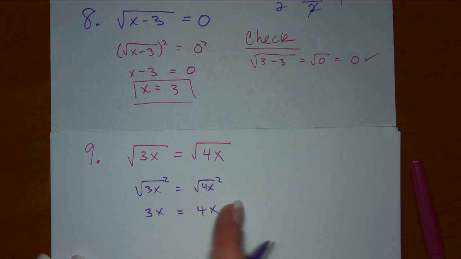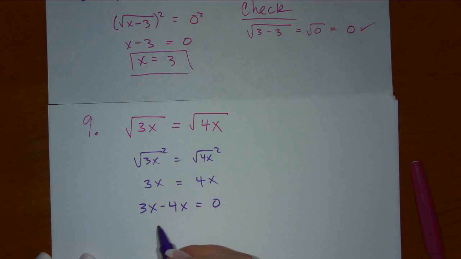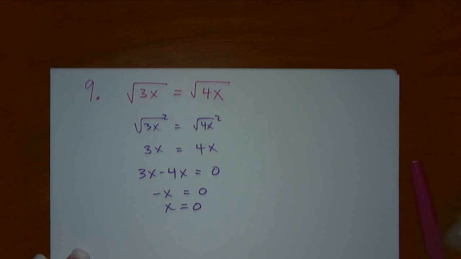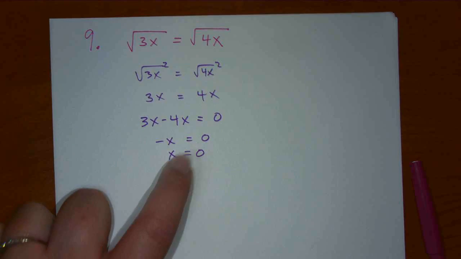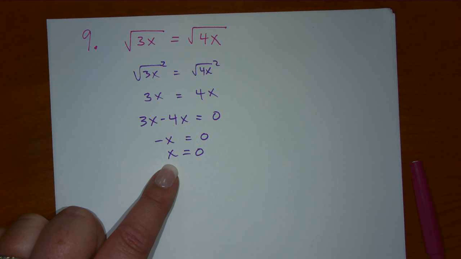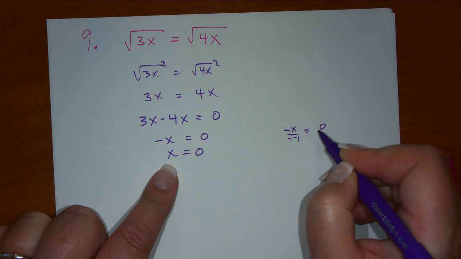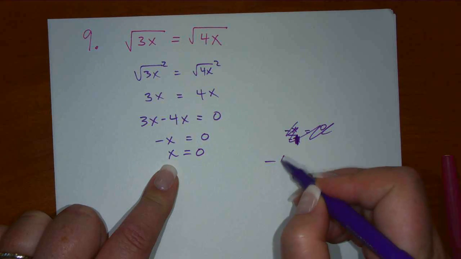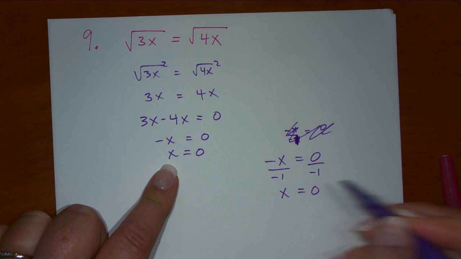If you move the 4x over, you have nothing left over here, so 0. How did I get from minus x equals 0 to x equals 0? Yeah, you could divide by -1 or switch all the signs. Divide by -1. 0 divided by anything is 0.